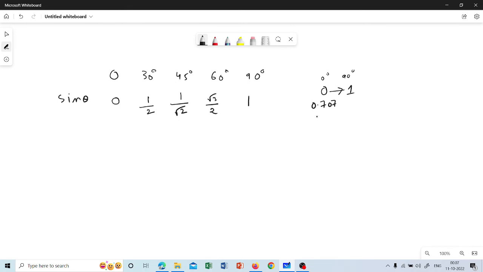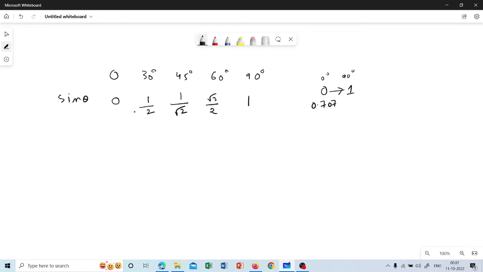Similarly, if you remember these sine values, and I will show the derivation later on, how to derive the formulas in case you forget. So these are values one has to remember.